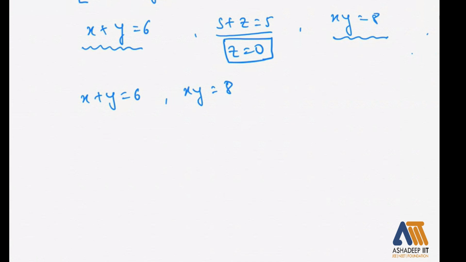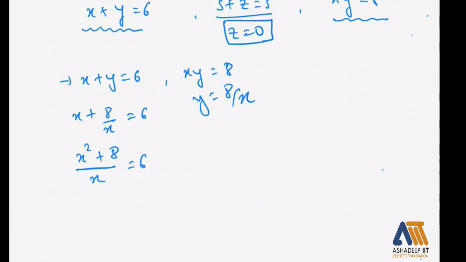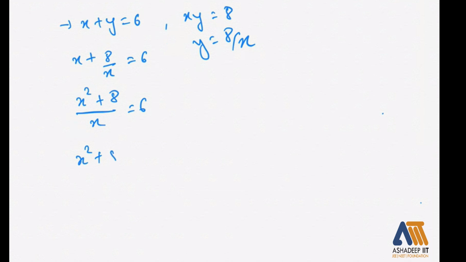Here we put the value of y from this one. y is equals to 8 upon x in the equation x plus y is equals to 6. So x plus 8 upon x is equals to 6. If we solve, x square plus 8 is equals to 6x. x square minus 6x plus 8 is equals to 0.